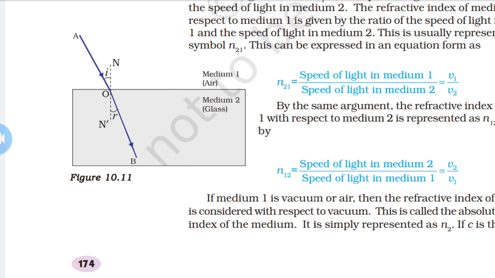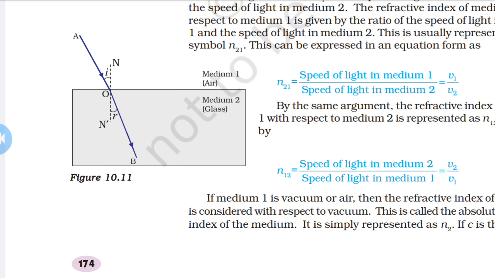The refractive index can be linked to an important physical quantity, the relative speed of propagation of light in different media. And it turns out that light propagates with different speeds in different media. Consider a ray of light traveling from medium 1 into medium 2 as shown in the figure. Here let v1 be its speed in medium 1 and v2 its speed in medium 2.